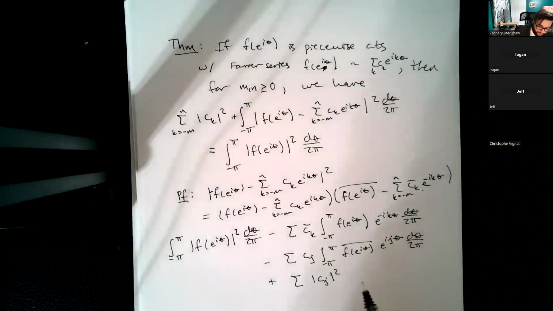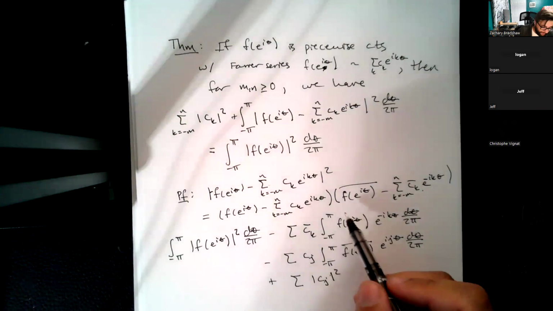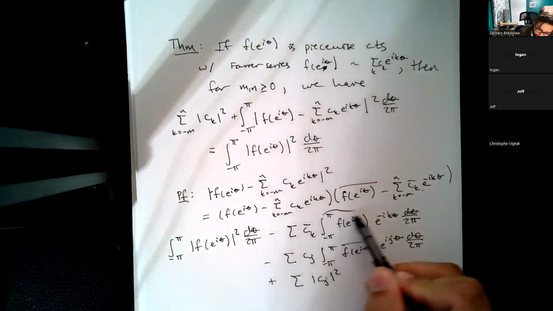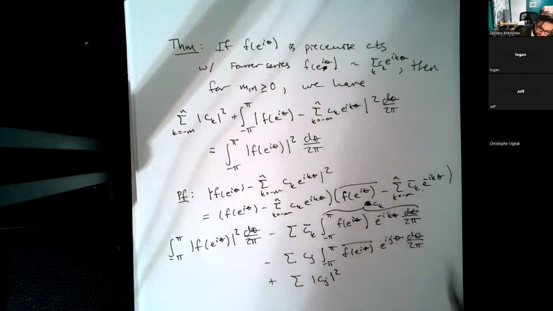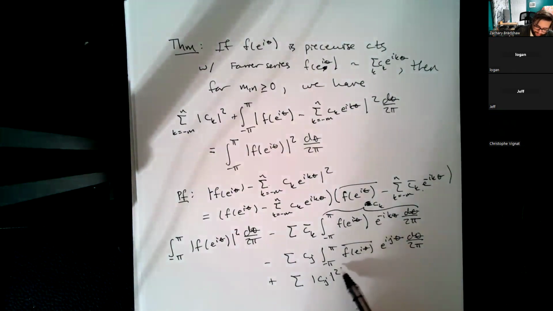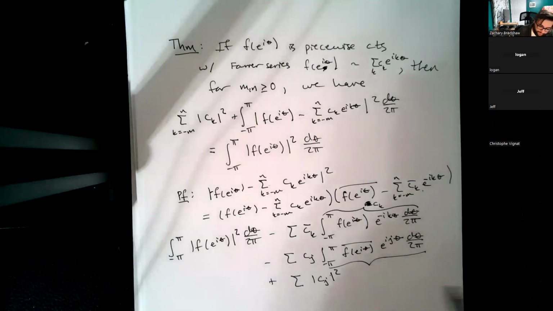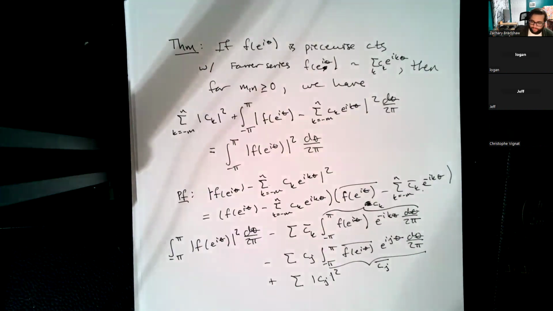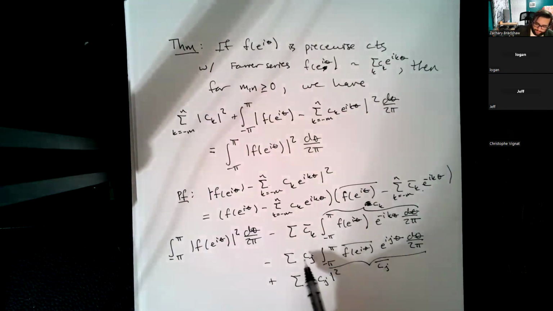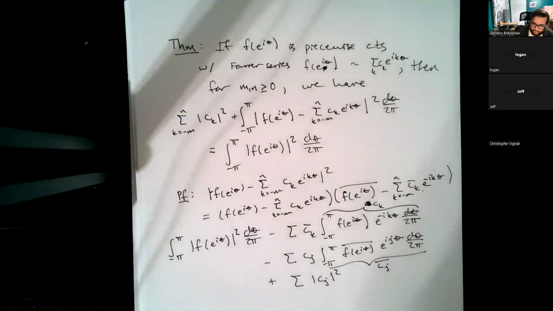Okay. And what we observe is that this integral here is the coefficient c_k, and this term here is the coefficient c_j complex conjugate. And now when we put these together, we get the modulus of c_j squared here. And so this term will cancel with this one.